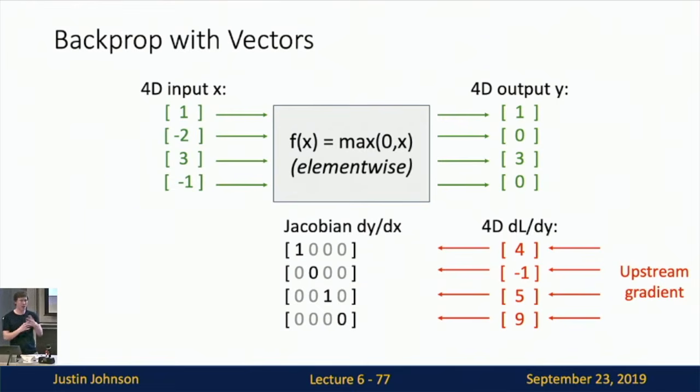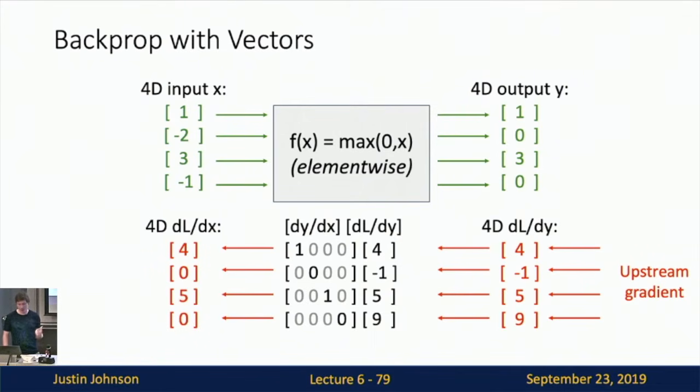Working through this lets us form the full Jacobian matrix. And now, remember, to compute the downstream gradient, we need to compute this matrix vector multiply between the upstream gradient vector and the local Jacobian matrix. You can compute that, and then we can produce this downstream gradient vector that will be passed to the other nodes that are feeding into us as input.